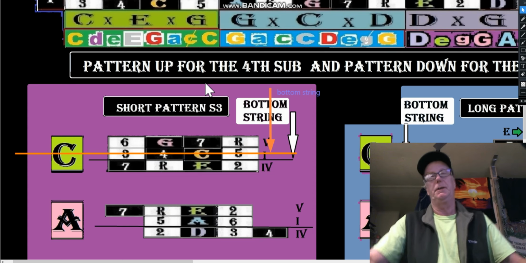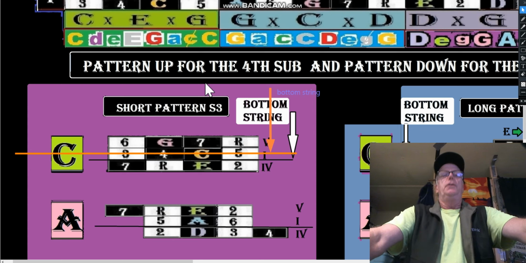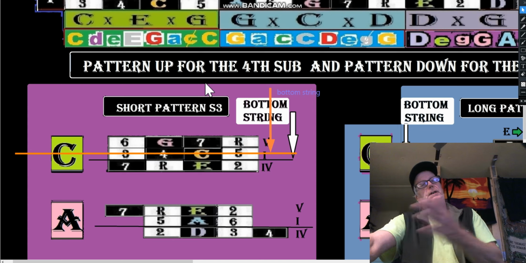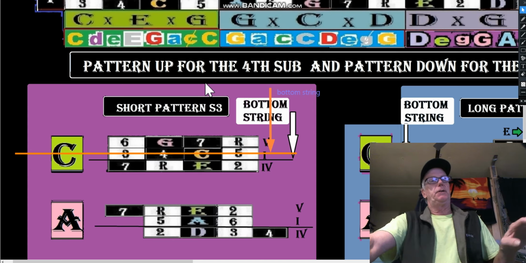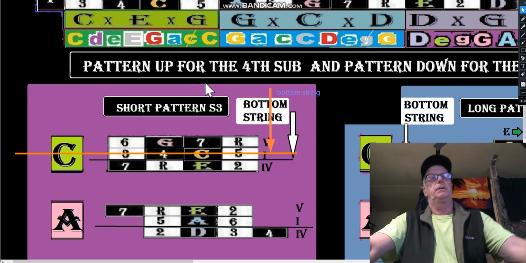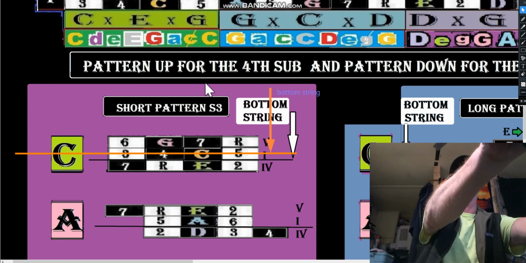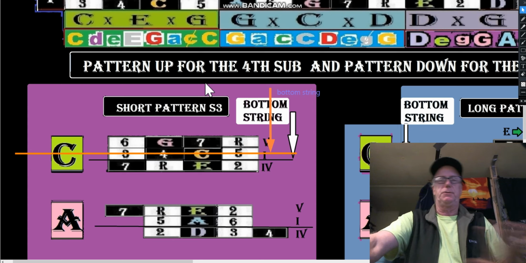Believe it or not, making a going up and going down isn't that easy either. So that's one thing that I was taught. When you're going up in a minor key, you do the major fifth. When you're going down, you do the natural fifth, which is a minor. Okay? And remember, a minor key is just a major key that starts on a minor. All right? So that's today's piano lesson.